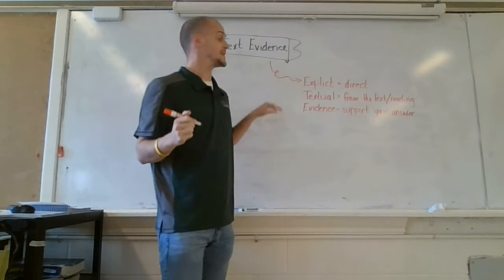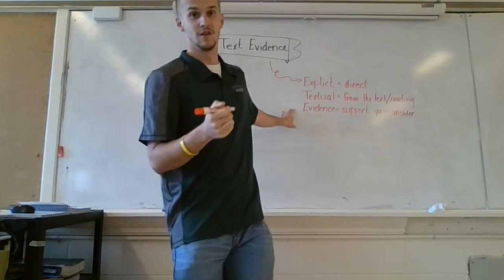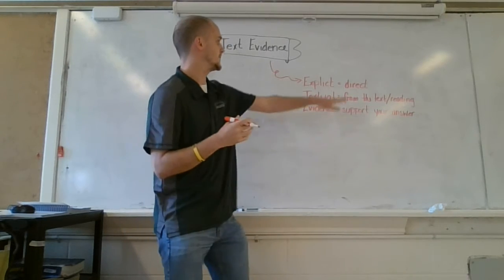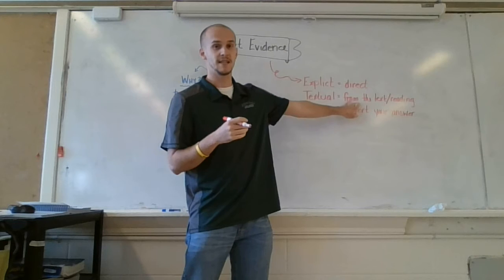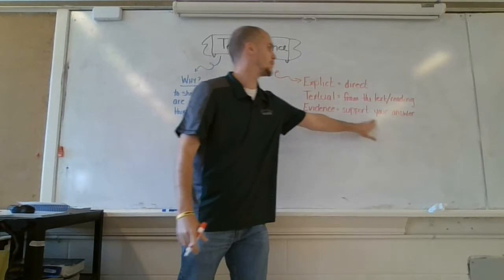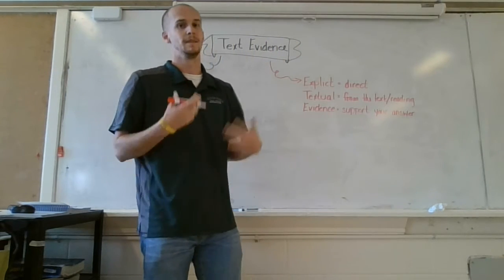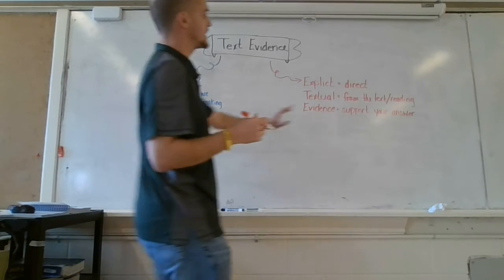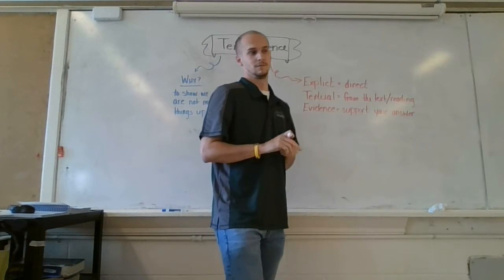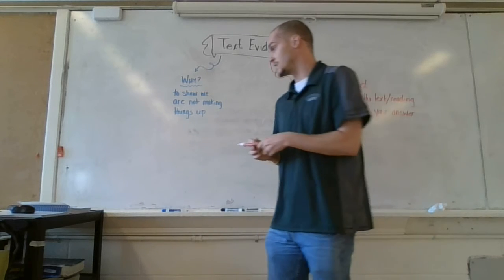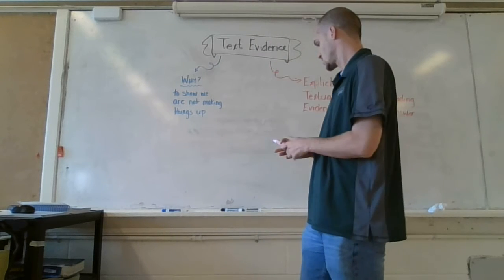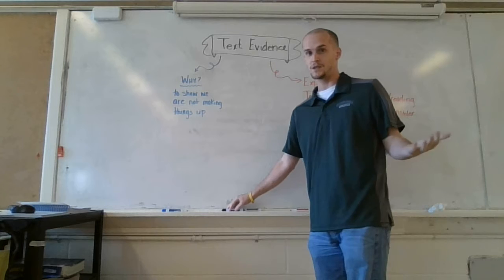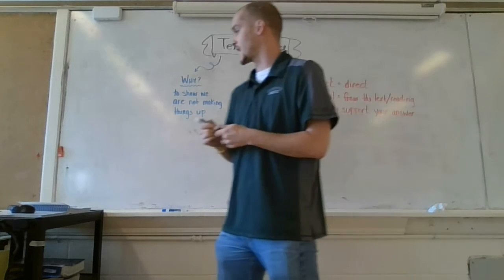So if we cite explicit textual evidence, we're finding something directly from the text or reading to support our answer. This is why citing textual evidence is important, because it proves us right. And again, if you're anything like me, you hate to be wrong. So you're going to do whatever you have to do to prove that you are right.